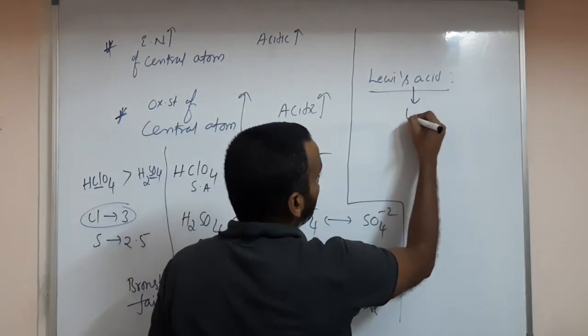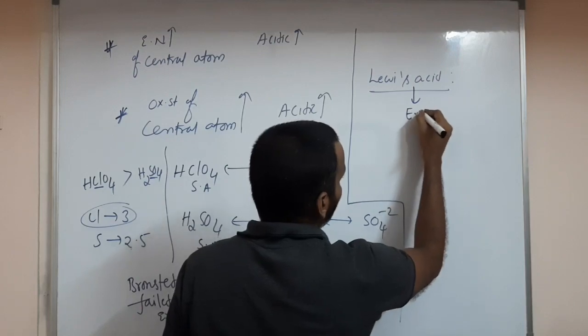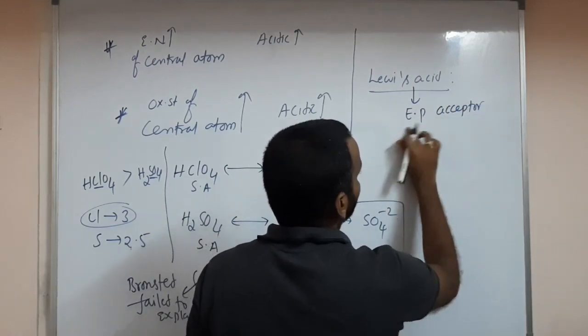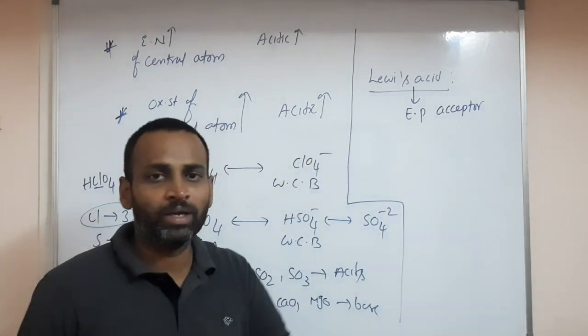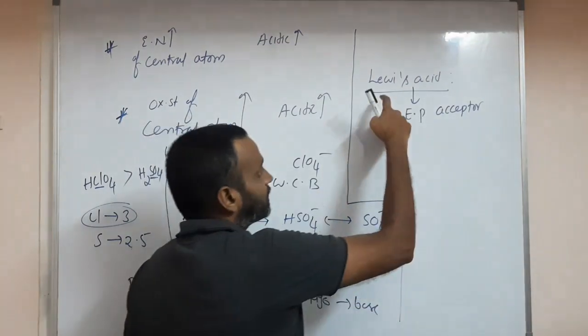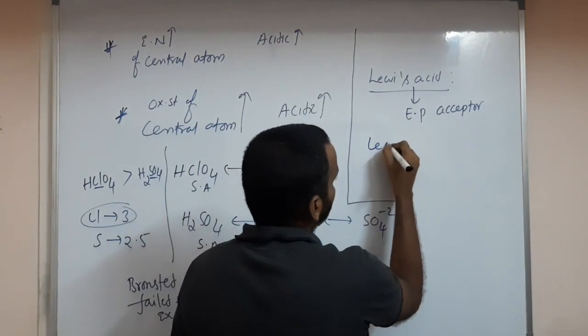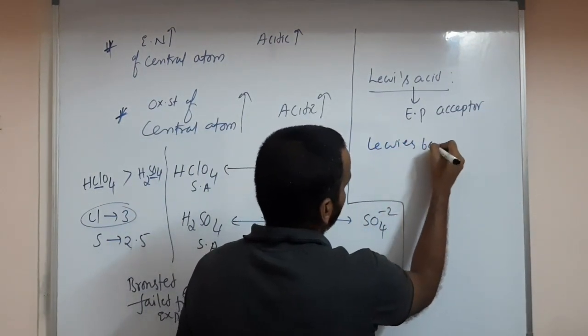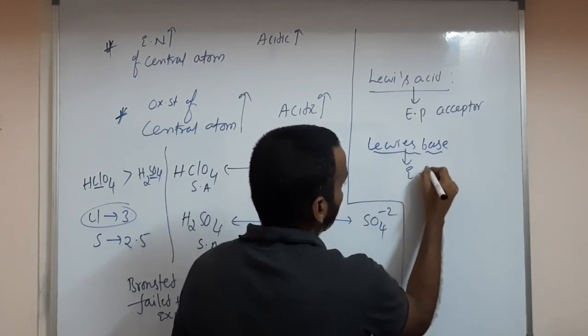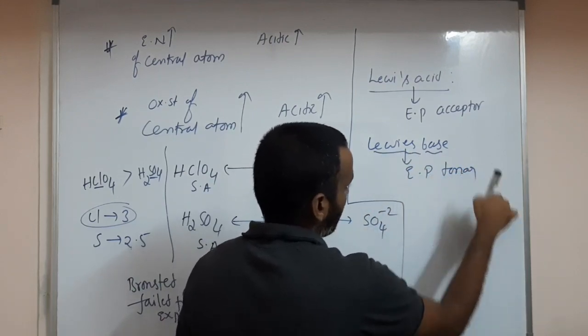Simply, a lone pair or electron pair acceptor. EP means electron pair. A lone pair or some negative charge acceptor is a Lewis acid. What is a Lewis base? A Lewis base is simply an electron pair donor.